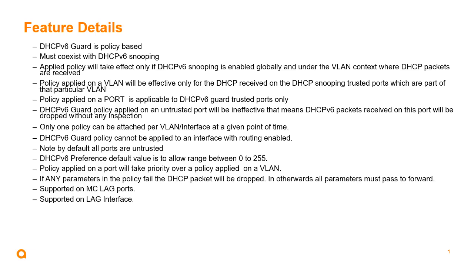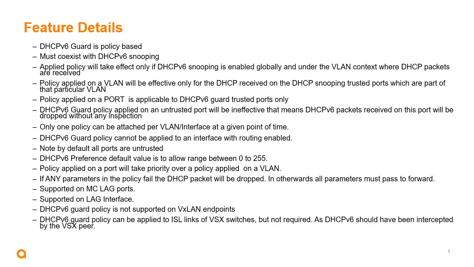It is supported on multi-chassis LAGs and LAG interfaces. DHCPv6 policy is not supported on VXLAN endpoints. DHCPv6 policy can be applied to ISL links on VSX switches, but it's not really required, as DHCPv6 should have been intercepted by the VSX peer itself.